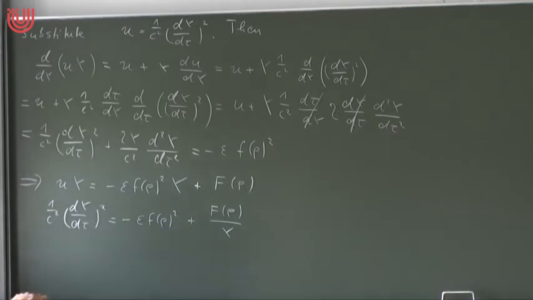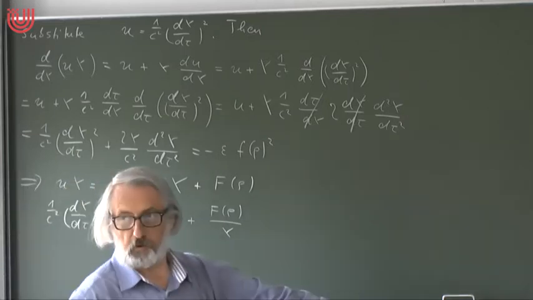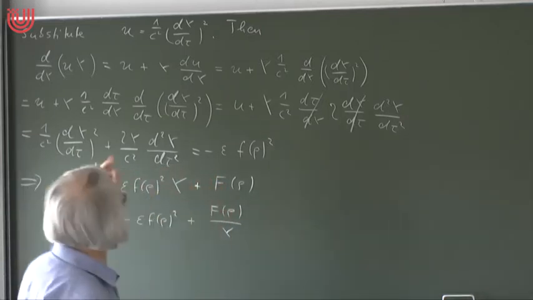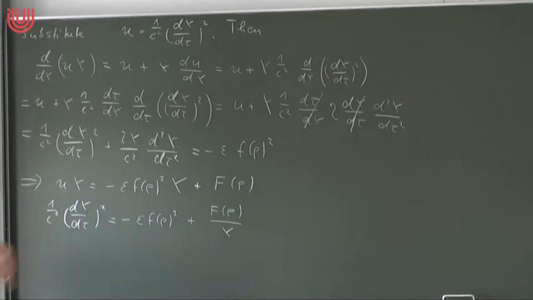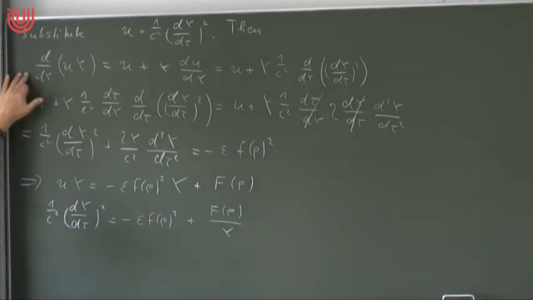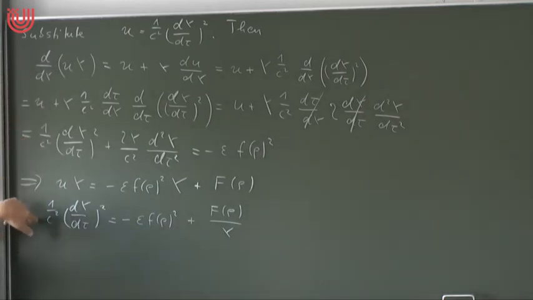So what have we gained? We had down there a second order differential equation for y. With this trick, with the substitution and this calculation, which allowed us to integrate once, we have now a first order differential equation. And this first order differential equation can be solved in elementary fashion.